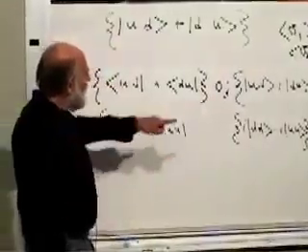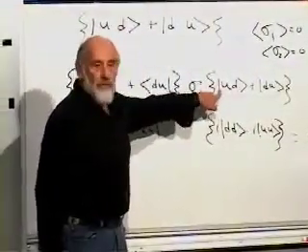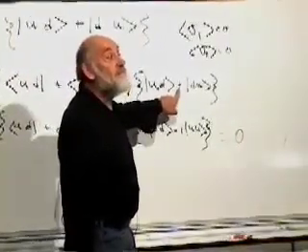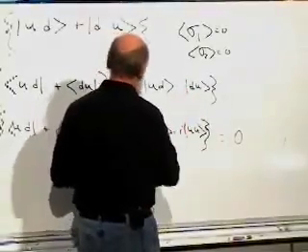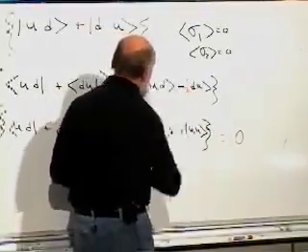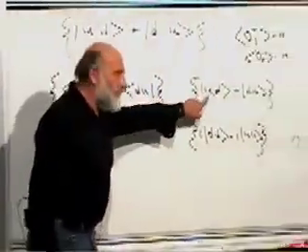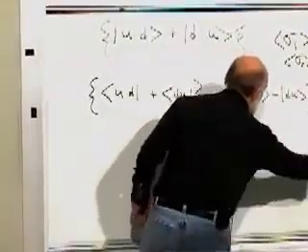What does sigma 3 do on this? Well, it keeps it up, does nothing. What does it do to this one? Minus sign. So sigma 3 just multiplies this one by minus. Now let's look at the inner product. What's the inner product of up, down with up, down? 1.